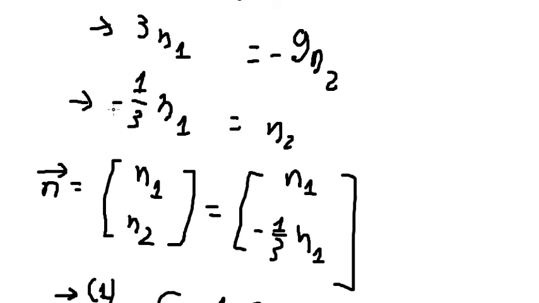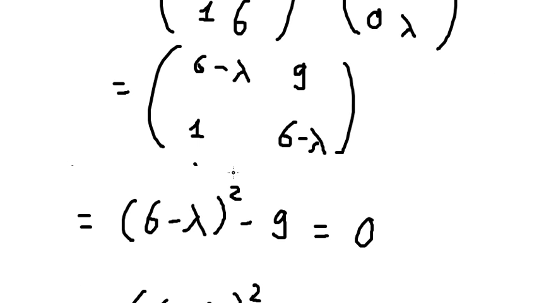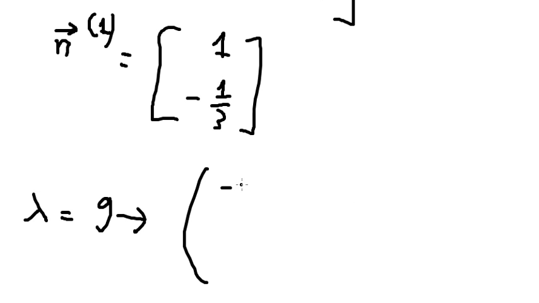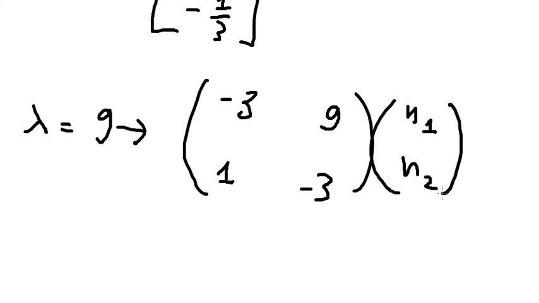Now let's go to lambda equals number 9. So we put number 9 here and here. Negative number 3 multiplied by n1, number 9 with n2.